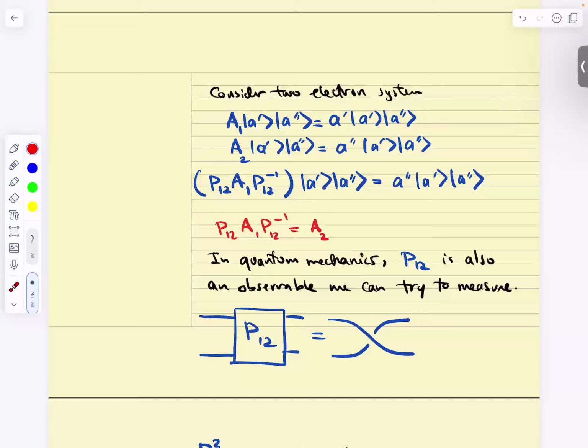I'm going to swap them, and then I'm going to swap them back. Pull the lines. This is equal to this. This is that equation. If you swap, apply something, swap back, that's like applying to the other guy. These are called tensor diagrams. They are incredibly useful. You could write a lot of equations this way.